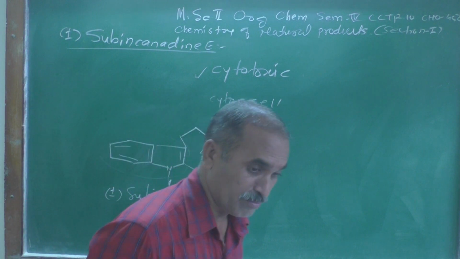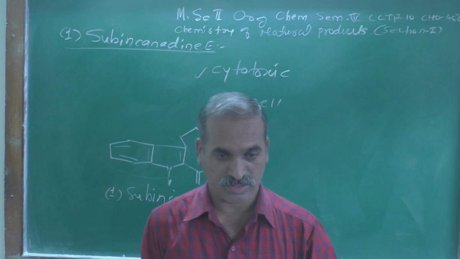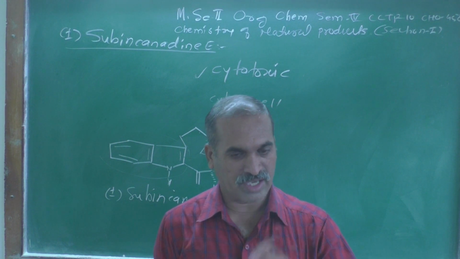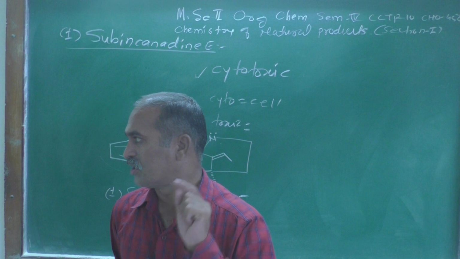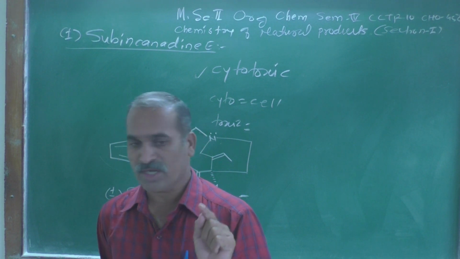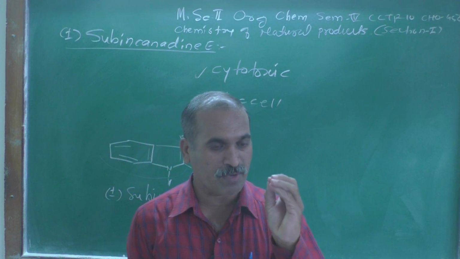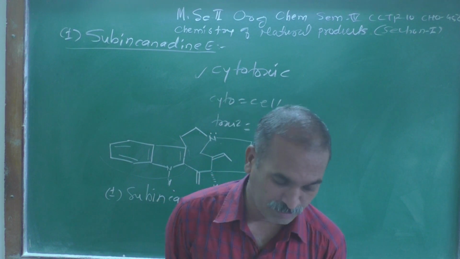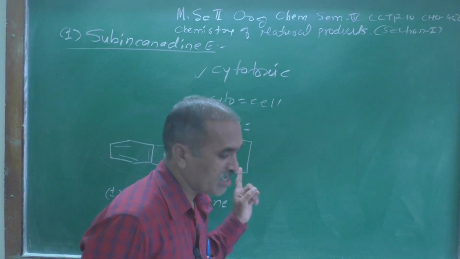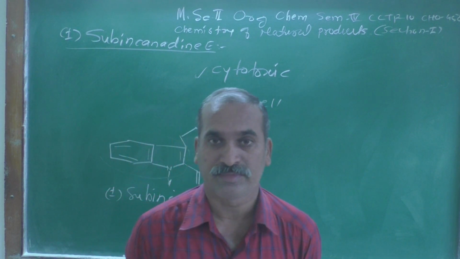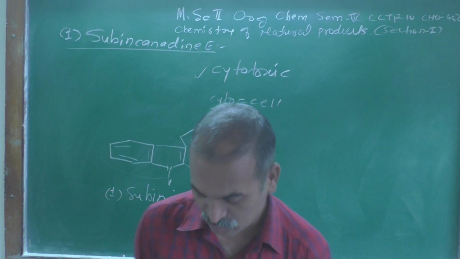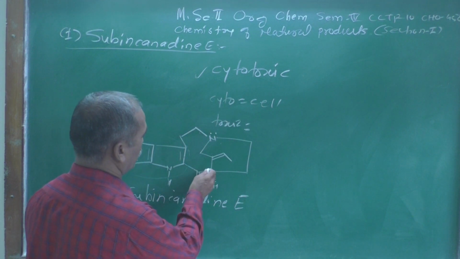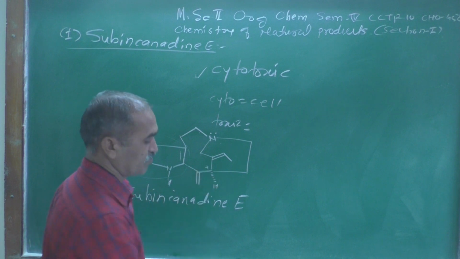How many chiral centers? This is the main important point over here, because in the heading, the scientists are trying to prove the determination of absolute configuration. Only one chiral center is present in the compound, here.